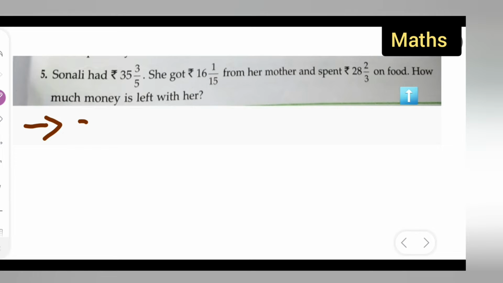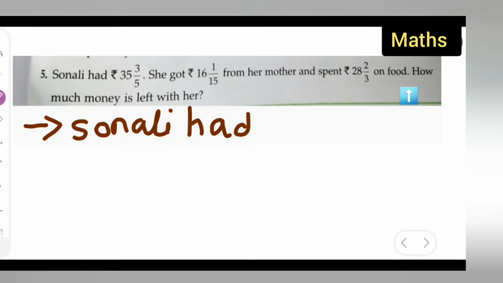First write down that Sonali had rupees 35 3 upon 5.